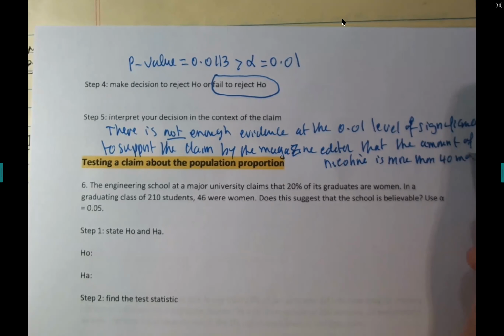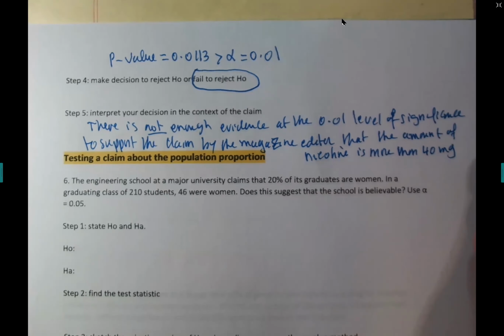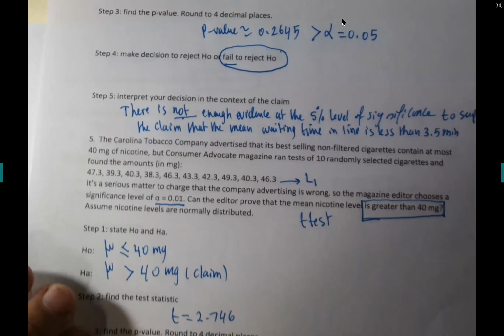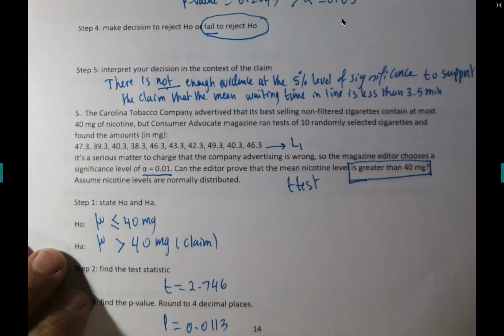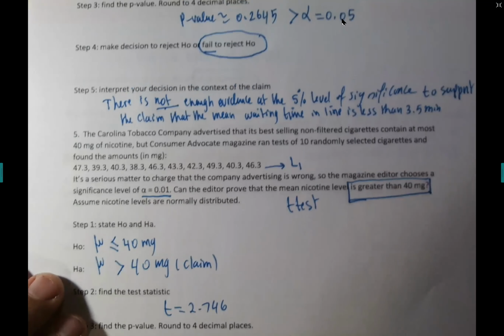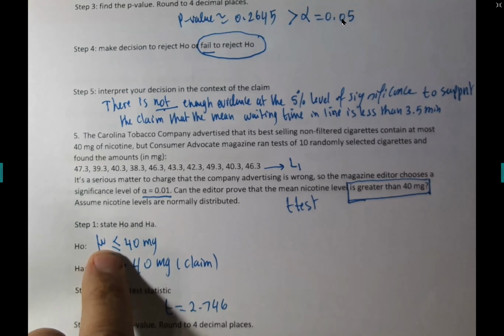Can we backtrack a bit? Because I thought that's what we just proved by saying it was more than alpha. More than alpha means you fail to reject H0, right? So H0 is what the company advertises, at most 40. Probably the company is right and the editor is wrong.